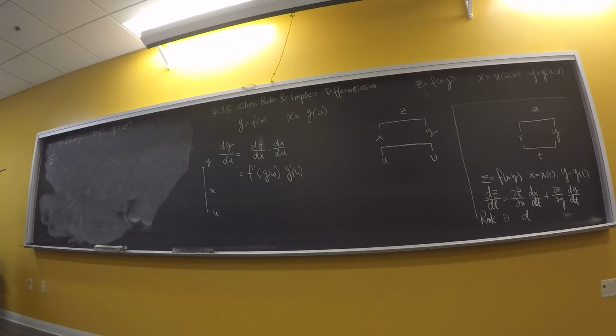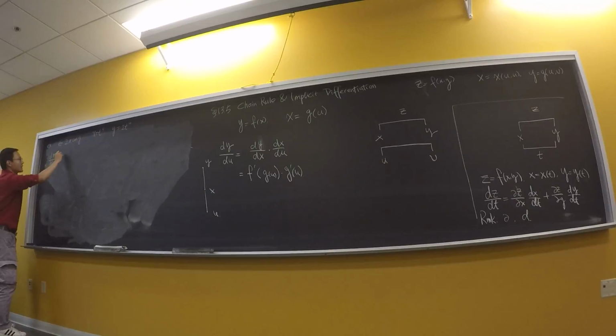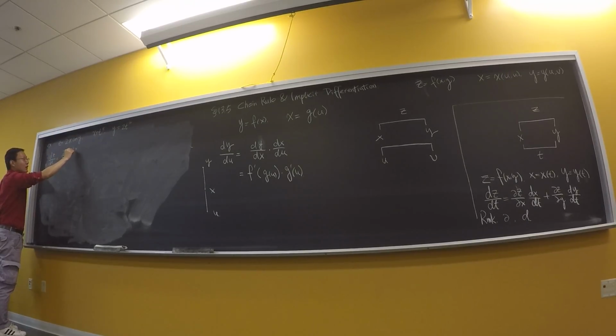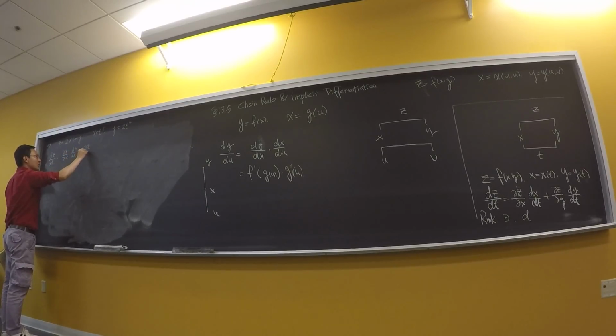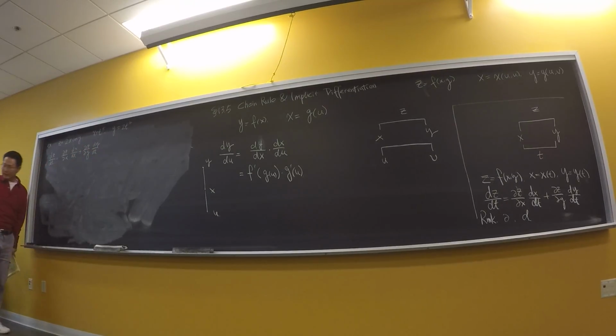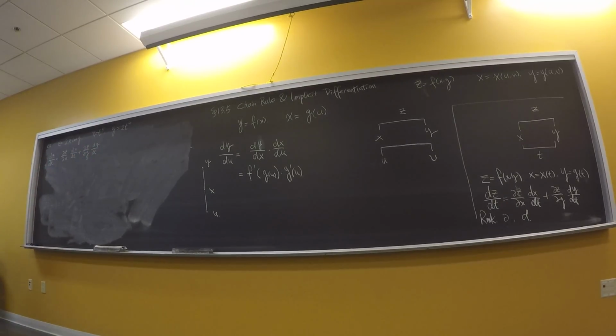So first, I just want to write down the chain rule. It's going to be partial z partial x dx dt plus partial z partial y dy dt. So in order to apply this chain rule, it's just a matter of computing the partial derivatives and the regular derivatives.